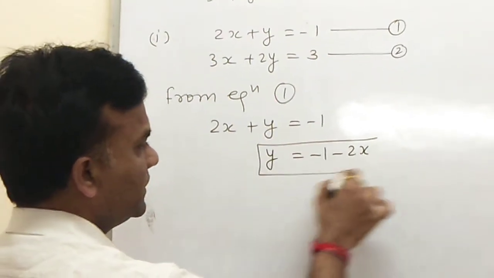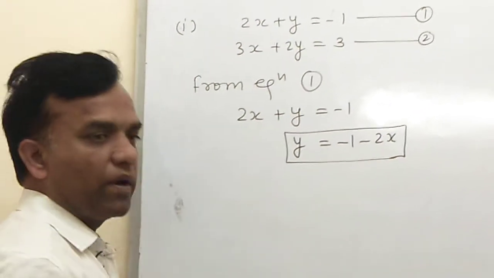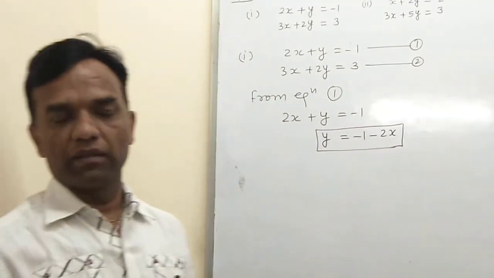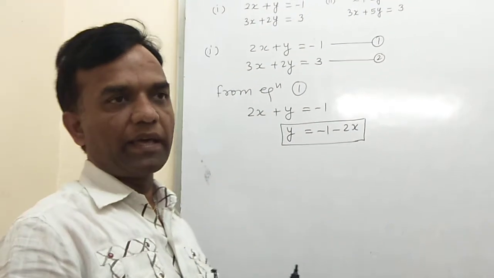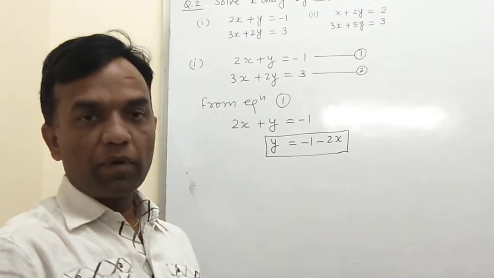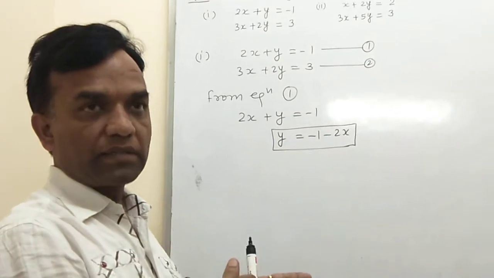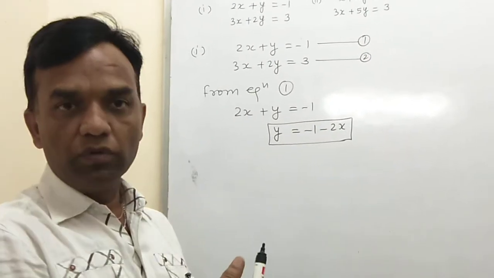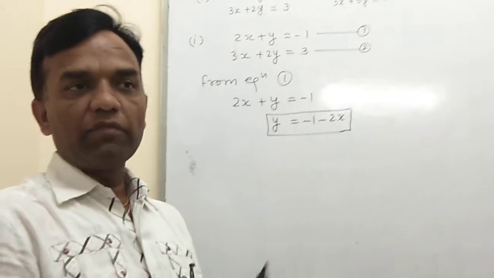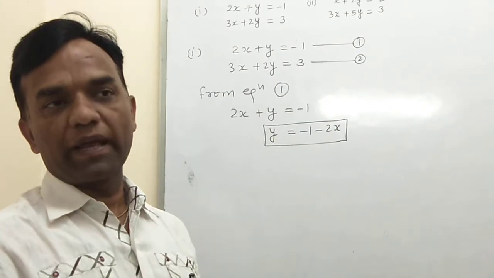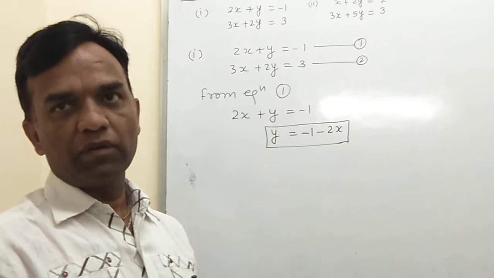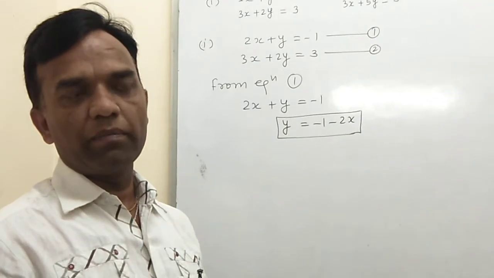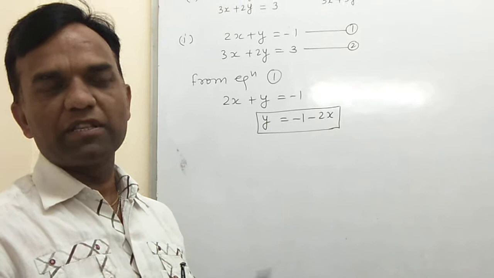That makes the substitution easy going, therefore we take the coefficient 1. But it does not matter; you could also find x, but then the coefficient of x is 2, so there is a 2 in the denominator, and the value of x comes in the form of fractions. Fractions can make the solution typical because you take the LCM and so on.